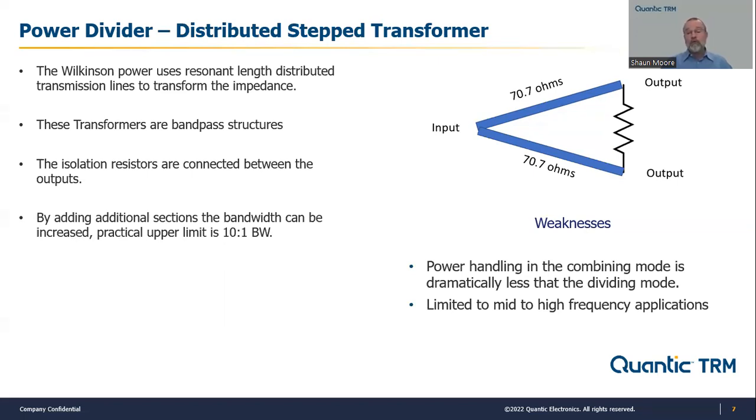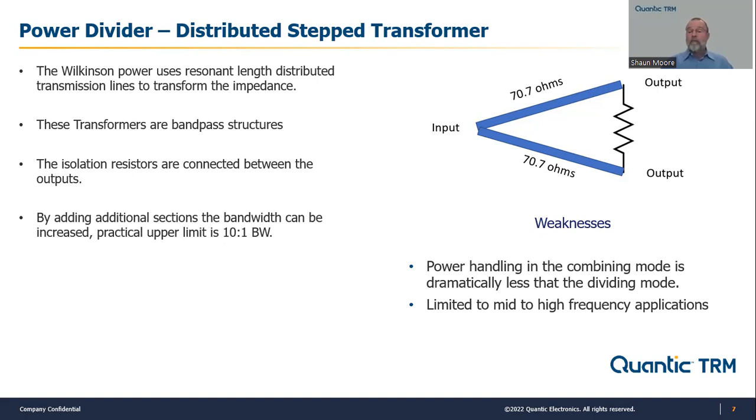Again, this will give you the impedance transformation to maintain the requirement for a 50 ohm impedance on all three ports. This is a very good structure, I want to say, probably for UHF and up, and that's really mainly due to size.